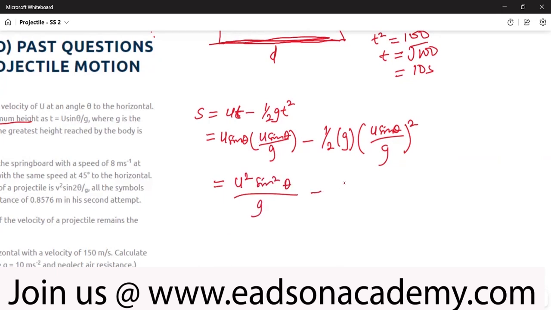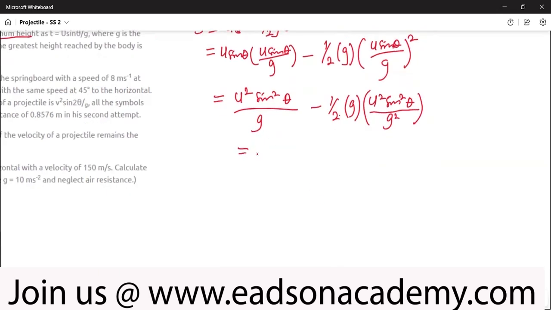Then minus half times g times u squared sine squared theta over g squared. So we have u squared sine squared theta over g minus, with g squared here, which means g times g. One of the g's can cancel the g on top, so I'll have half times u squared sine squared theta over g.